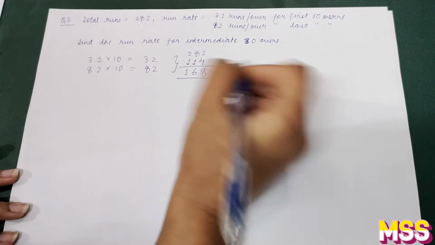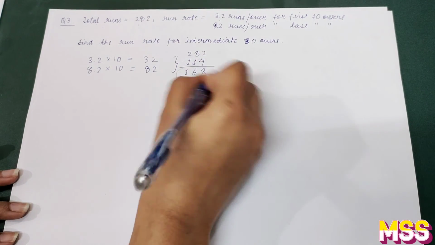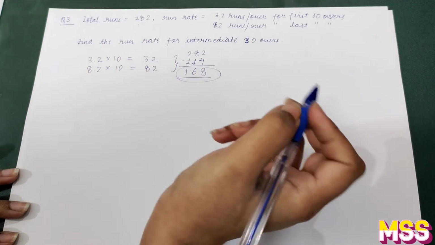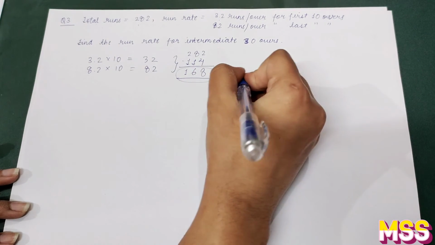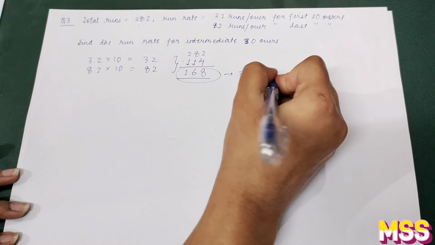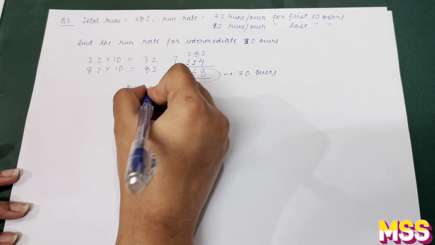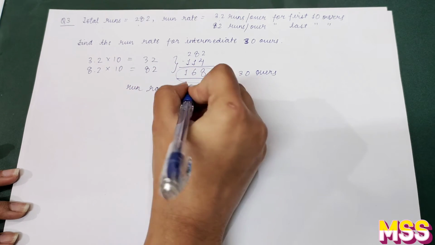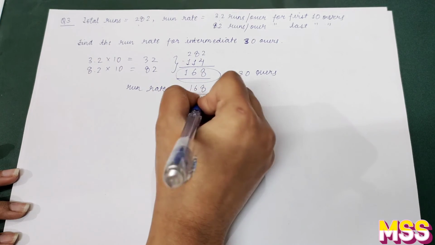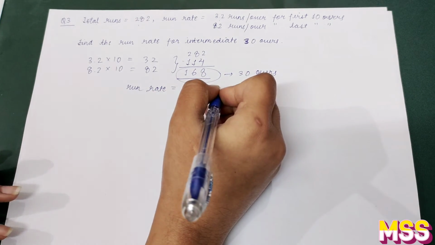So 168 is the total runs scored in the intermediate 30 overs. Now we'll just find the run rate. We'll divide 168 by 30 and the answer will be 5.6.